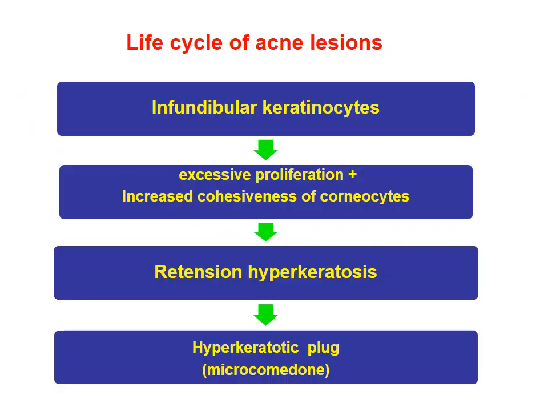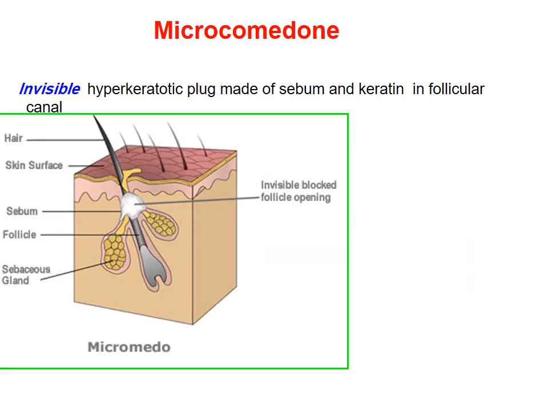There is excessive proliferation of infundibular keratinocytes, increased cohesiveness of the keratinocytes, retention hyperkeratosis, and formation of a hyperkeratotic plaque called a microcomedone. This is the starting point. As you see here, these are the very minute beginnings of microcomedone formation.